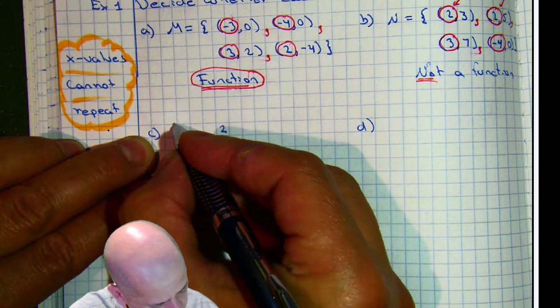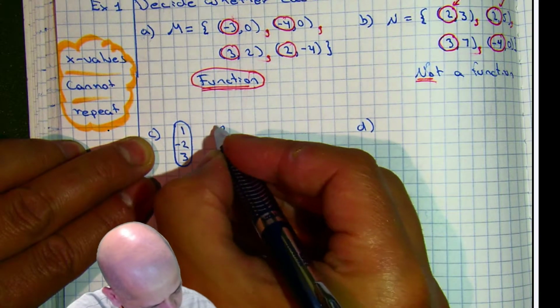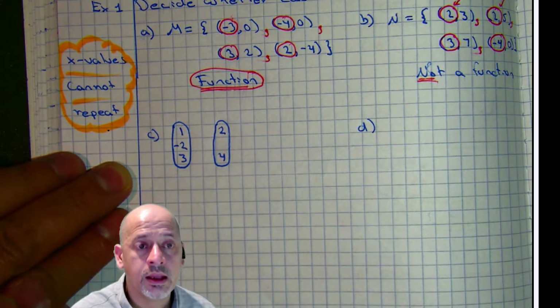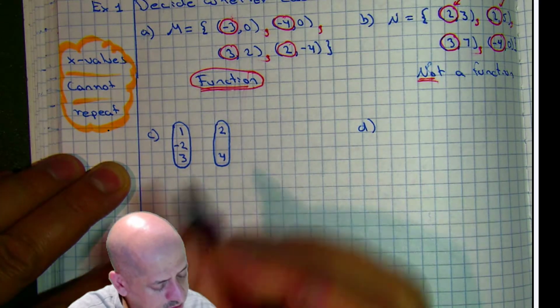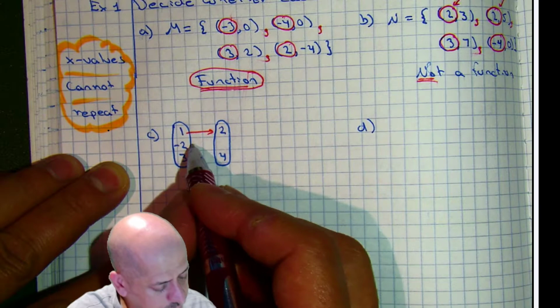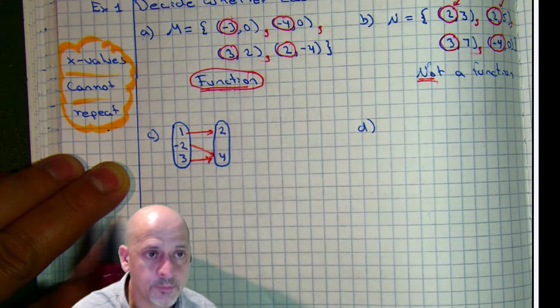And I'll place a little bubble in here. That is the first one, and that is the second. Now the way that these are paired up is that the 1 is paired with the 2, and the negative 2 is paired with the 4. Then the 3 is also paired with the 4.